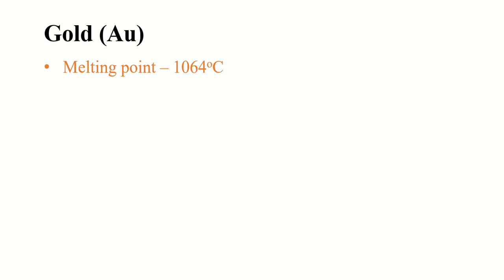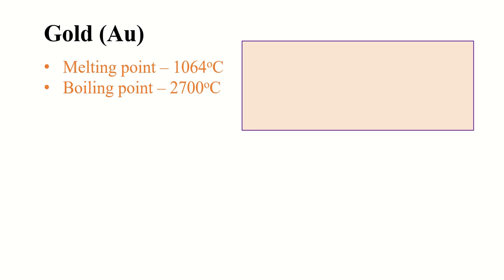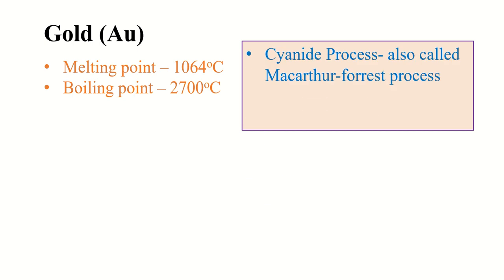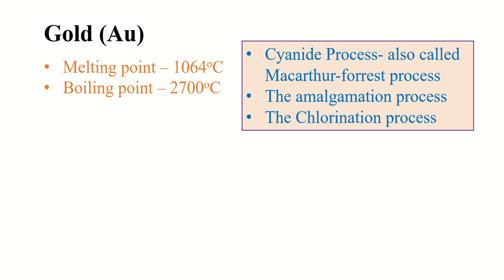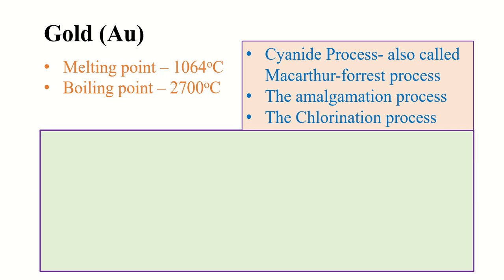Melting point is 1064 degrees centigrade, boiling point 2700 degrees centigrade. For the refining or extraction, gold is generally found in the native form, and the cyanide process, called the MacArthur-Forrest process, and the amalgamation process are also used, and the chlorination process is also used for the gold.